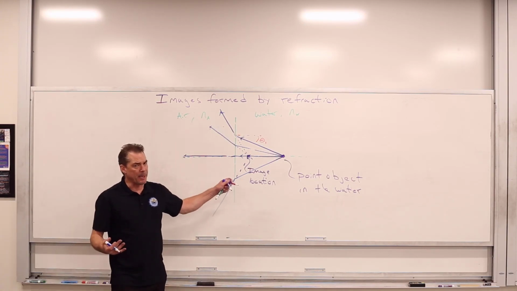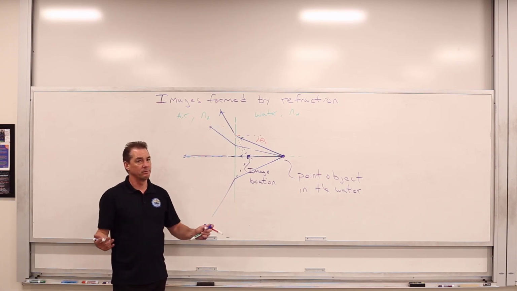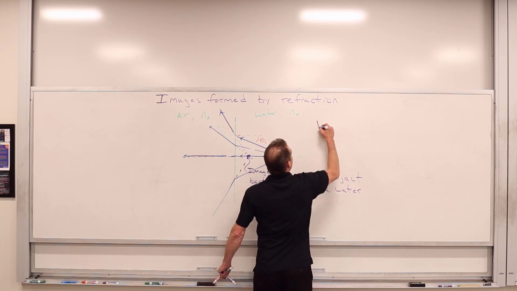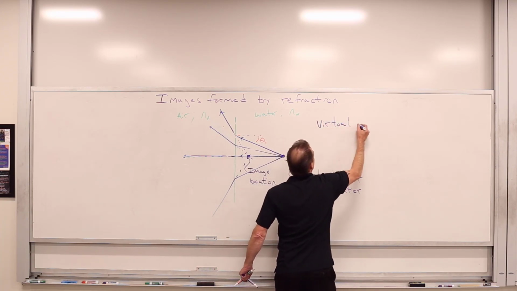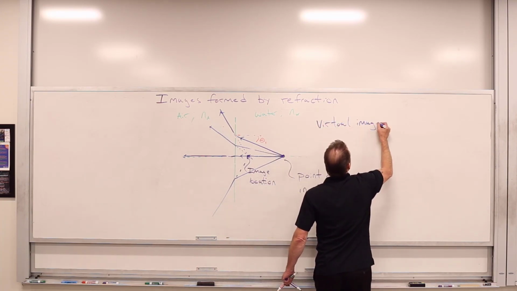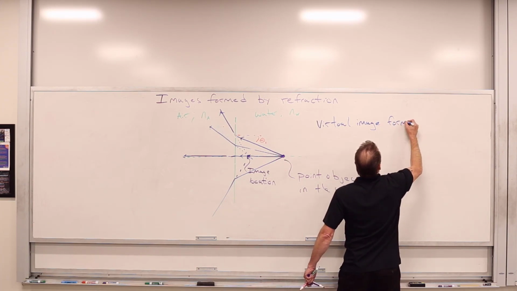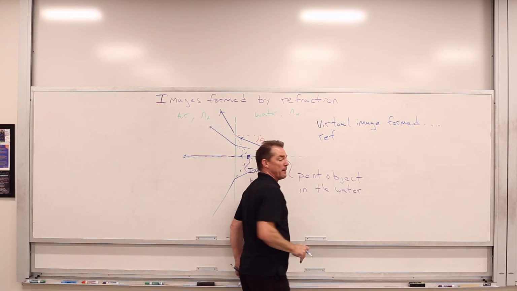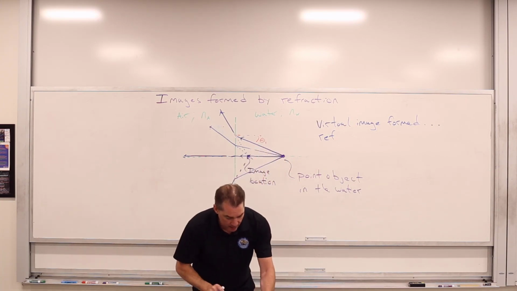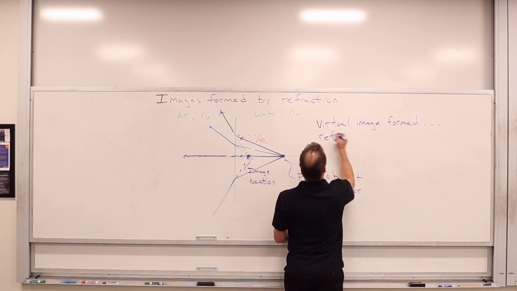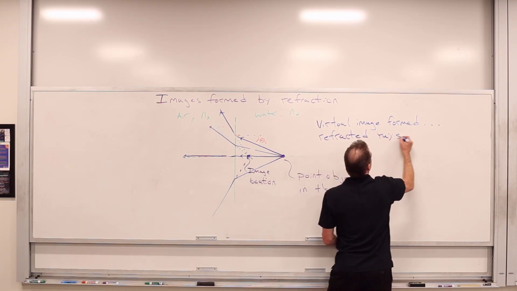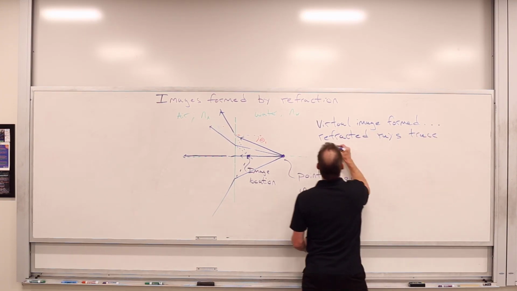This would give us what type of image? Real or virtual? That's right, this would be a virtual image. Refracted rays must trace back to a point of intersection.